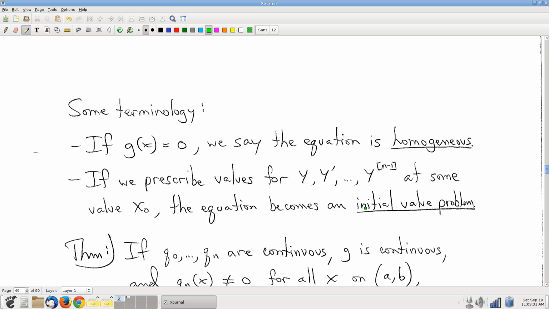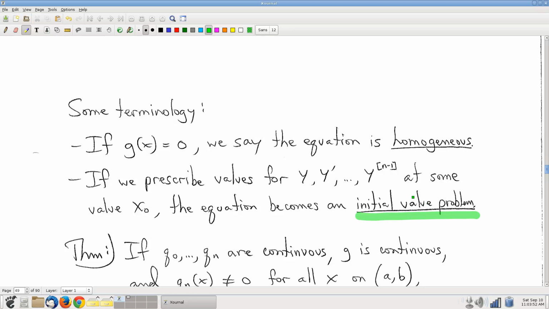Then there's this idea of an initial value problem and initial conditions. This is another borrowed concept. You'll recall that previously, when we were talking about first-order differential equations, we talked about an initial condition on a differential equation, and the combination of the differential equation and the initial condition was an initial value problem. We do a very similar thing here.